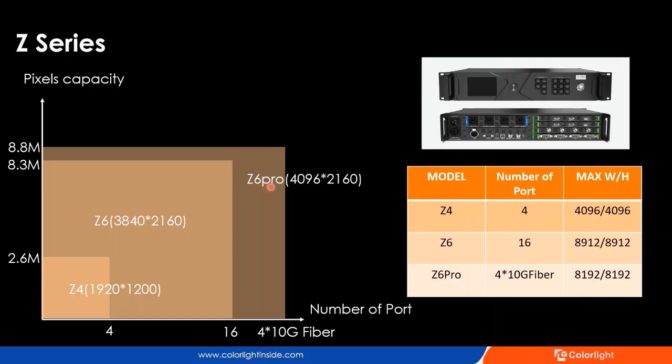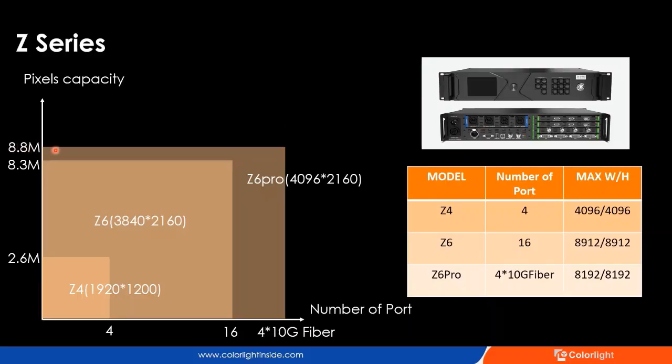Z6 Pro is an advanced processor. It has 4 optical fiber output ports instead of the Ethernet ports, 2 for the main, 2 for the backup. Each fiber connector uses 10 gigabytes.